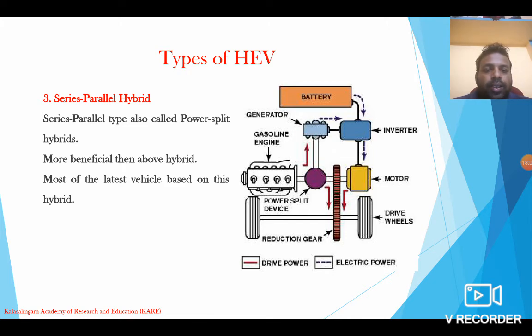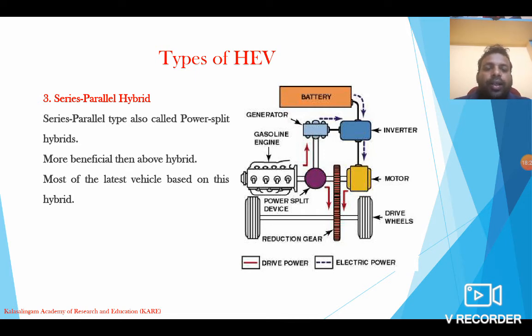You can understand from the image: from the power splitter, one end is connected to the generator, and the other end is connected to the gear mechanism. So one portion of the power is transferred to the generator to generate power to recharge the battery. At the same time, another portion of the power is transferred to the driven wheel to propel the vehicle.